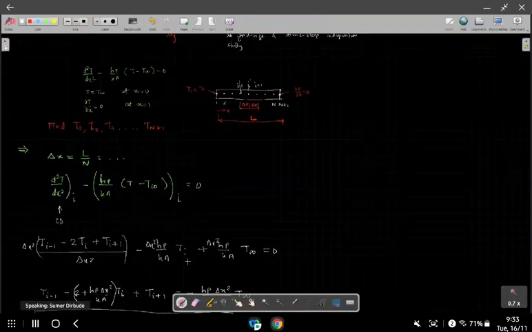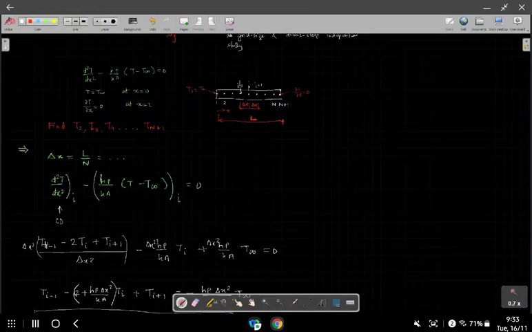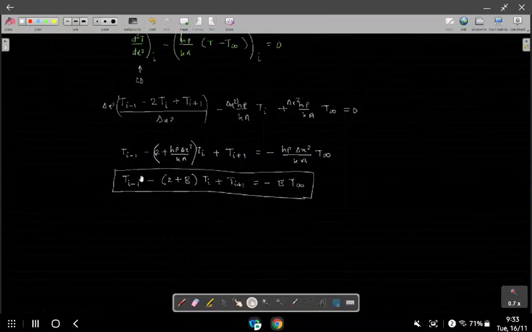Now here, if you see the stencil of this particular scheme, what are these elements? I minus 1, I plus 1. So the stencil is this only, isn't it? In terms of the stencil, your finite difference equation will come.